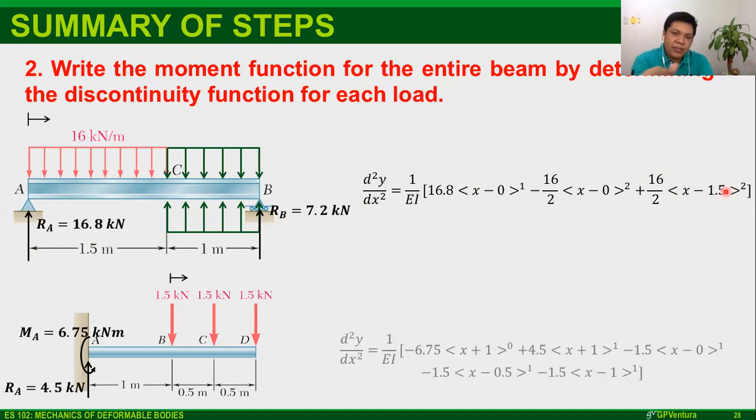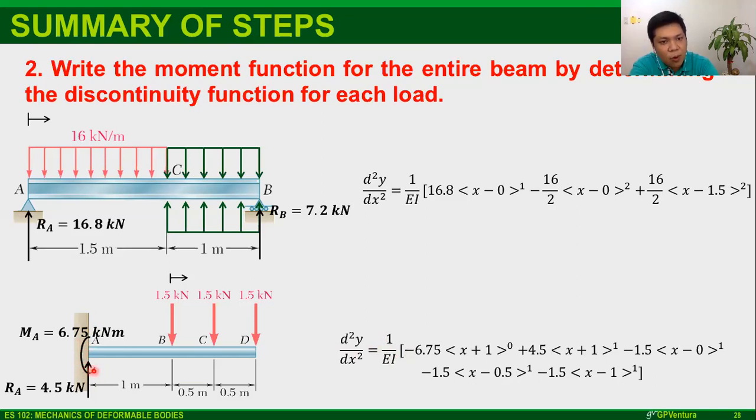Next, how about the second example? For the second example, again, since to the right is positive, the end is the rightmost portion, or letter D, 1.5 kilonewtons. So we don't include this one. So d squared y all over dx squared is 1 over EI times 6.75. Look at this. That's the applied moment or the support reaction na moment.